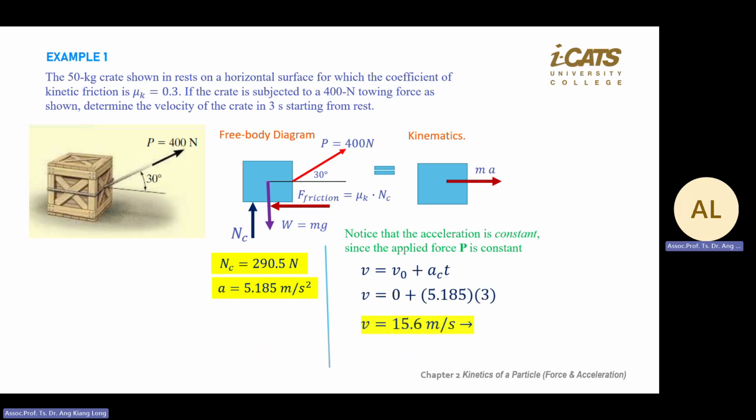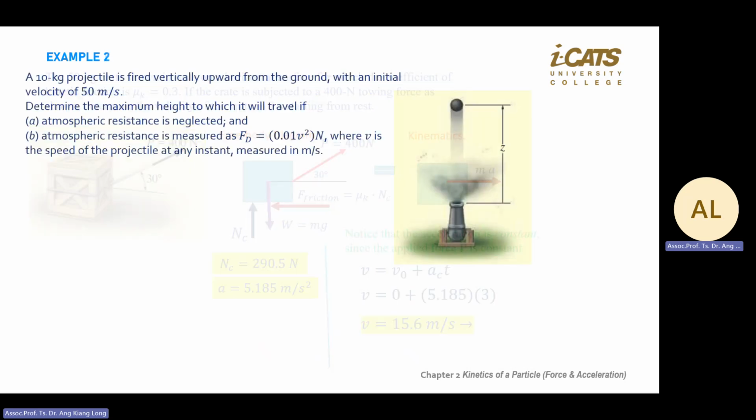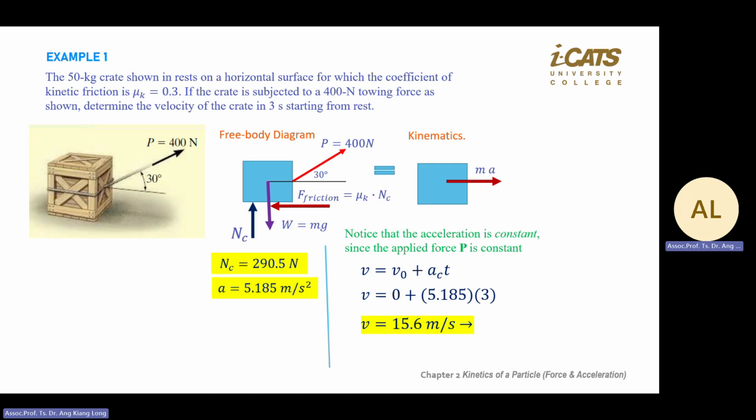You can use any of the 3, but the simplest one is V equal to VO plus AT. V you don't know. VO is 0 because the question says that it starts from rest. VO, or some of the textbooks use U and V. Substitute, solve the question, and then point to the direction. Give me a direction. V is to the right. Okay, that is the common step for chapter 2.